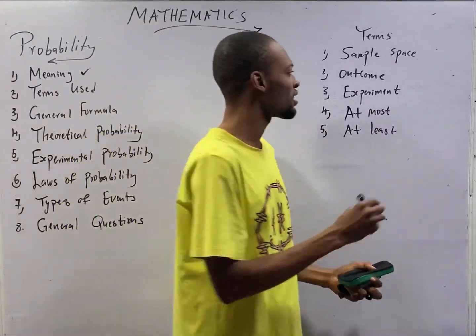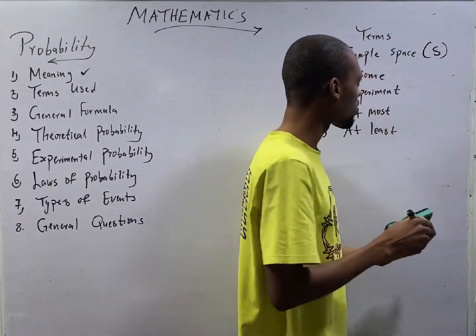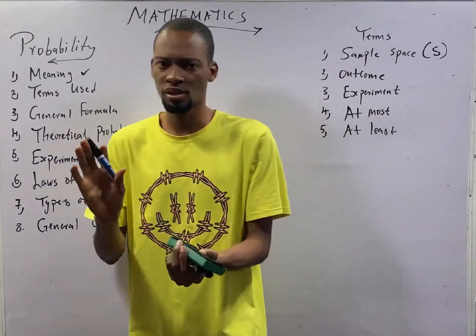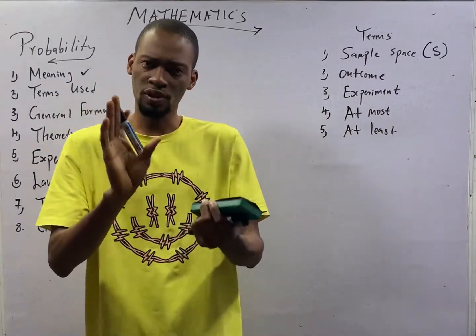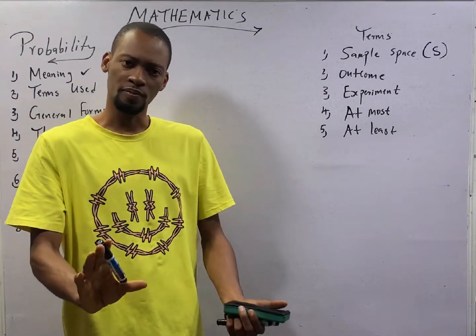Now, the first one is sample space, usually denoted by S. Sample space refers to all the possible results in an experiment or in probability.